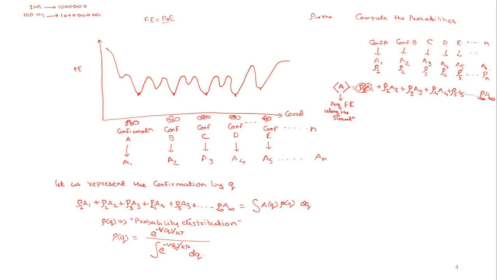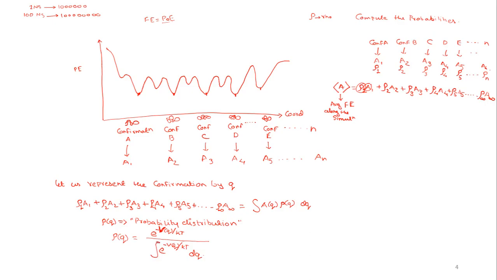So the value of this probability distribution can be computed as the exponential of the energy, denoted by capital V, of a particular configuration q divided by the integral over all possible conformations that you might obtain.